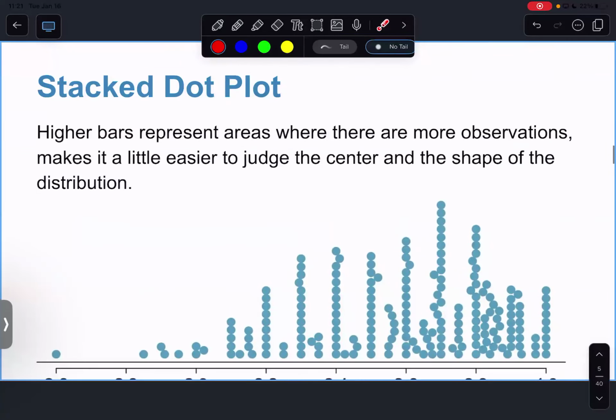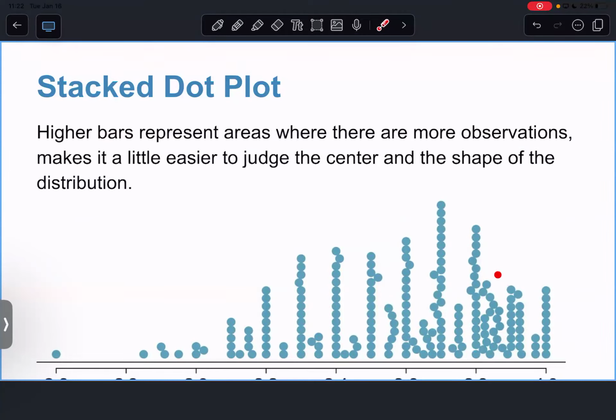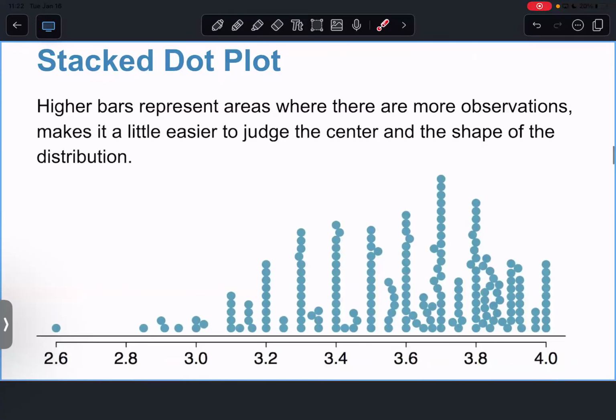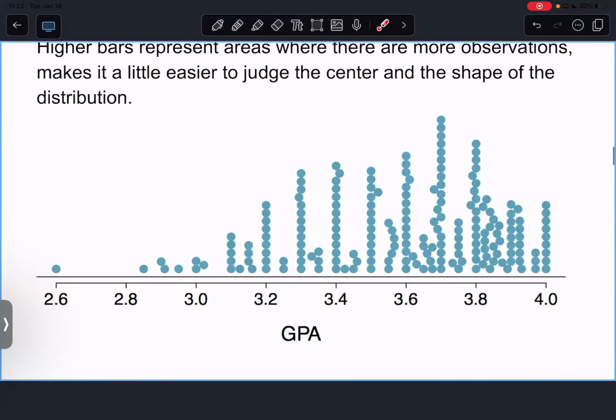A stack dot plot is exactly what it sounds like. You stack the dots instead of layering them on top of each other. Arguably, this is improved over the regular dot plot, but still not as nice as the bars of the histogram, but only because I gave you a sneak preview. But what would we do?